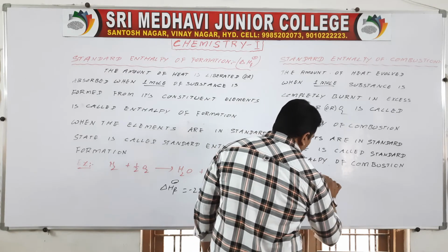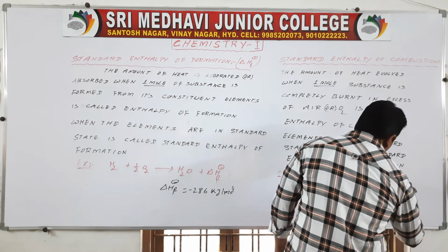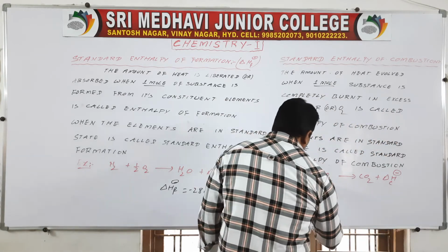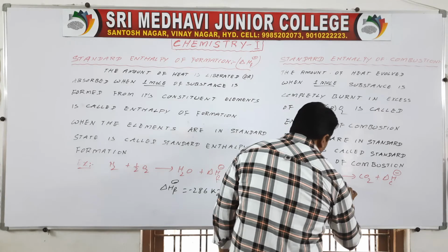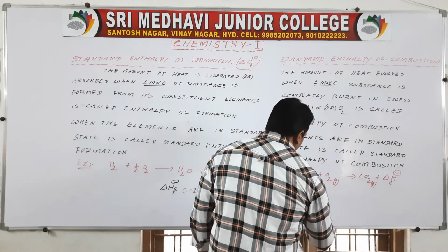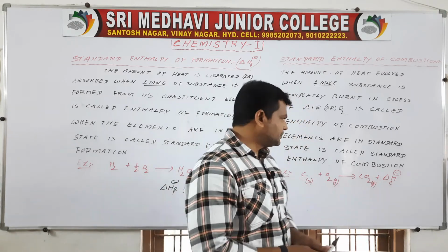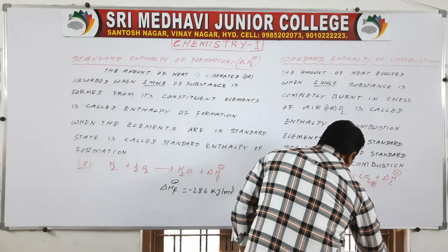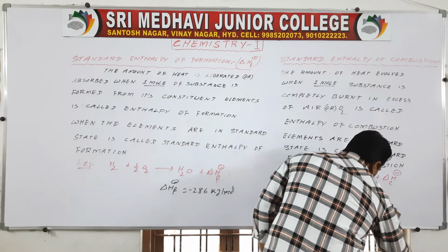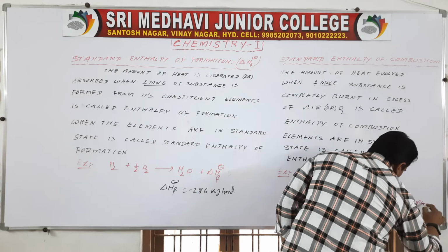For example, C plus O2 gives CO2, with delta H naught C. Here C is graphite, a solid, and CO2 is a gas. Delta H naught C is equal to minus 393.52 kilojoules per mole.